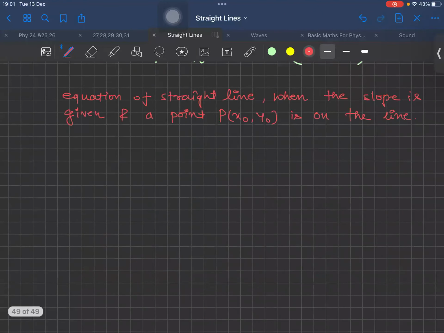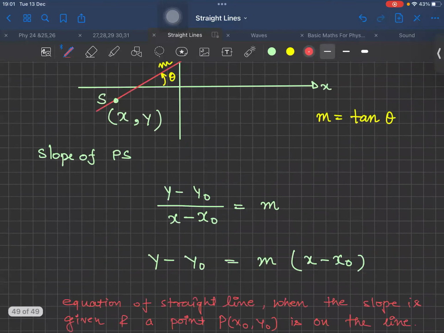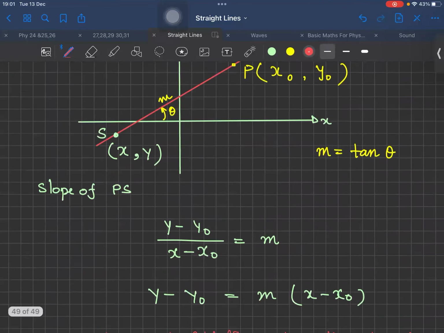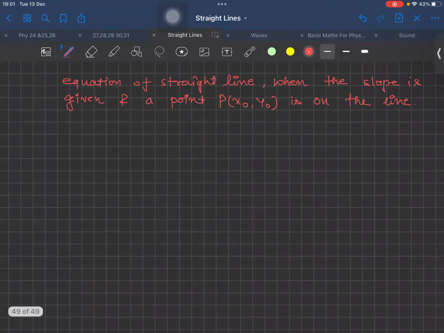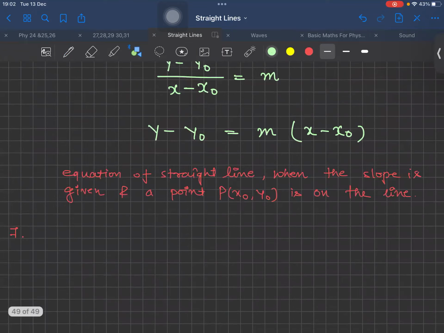Next is the 7th point. What else have we studied? Equation of line if only two points are given. How will you find it? We have already done it, but let's do it again.